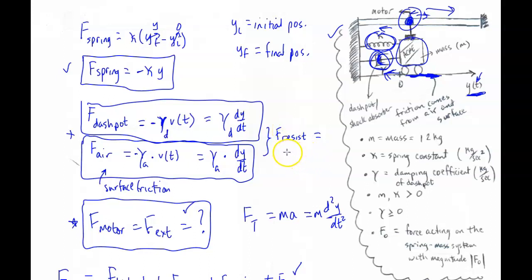And so we'll just simply call this minus gamma times dy over dt, where our gamma here will just be gamma A plus gamma D, meaning friction due to air and surface friction, as well as dampening due to the actual material in the dash pot.